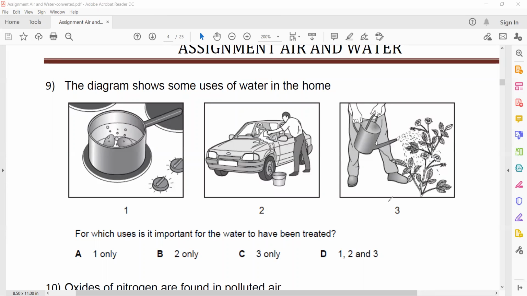So A is the right answer, one only. For cleaning a car, treating the water, for example, if the water does not have chlorine added to kill bacteria, that will not affect the cleaning of the car. Same thing if there is no chlorine added for plantation, it does not make a difference to the plant.